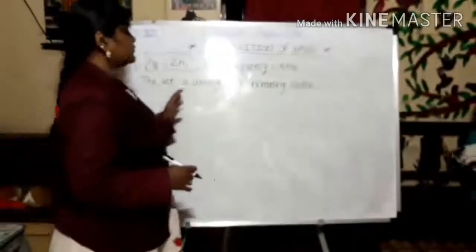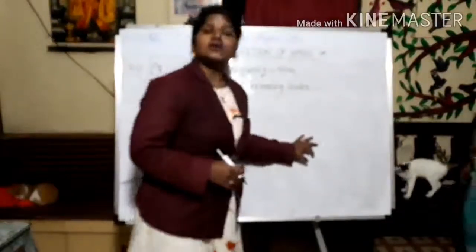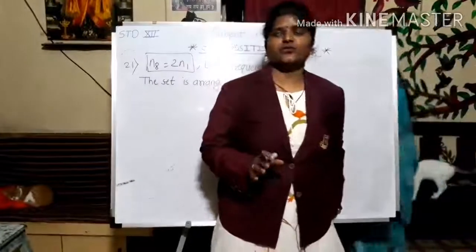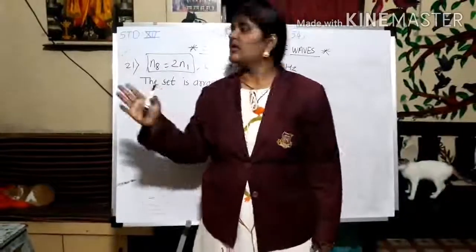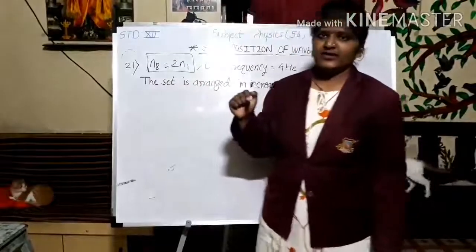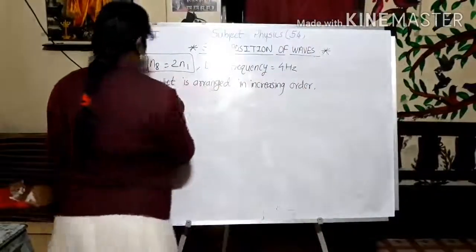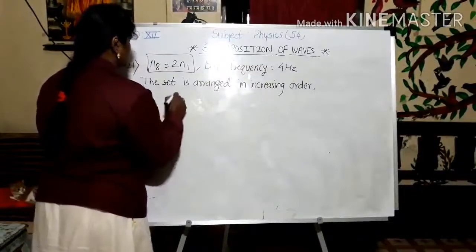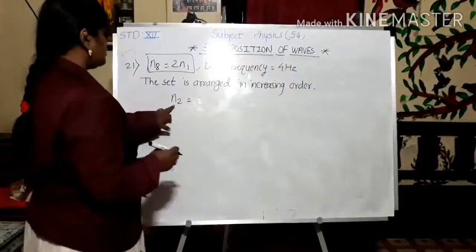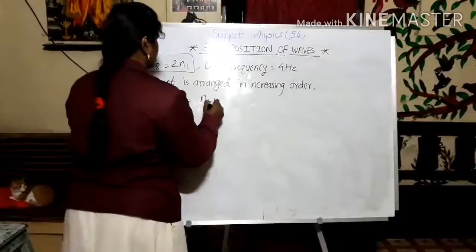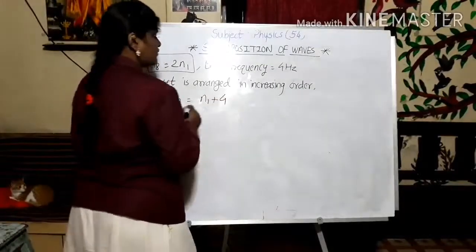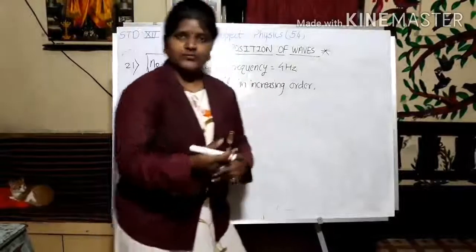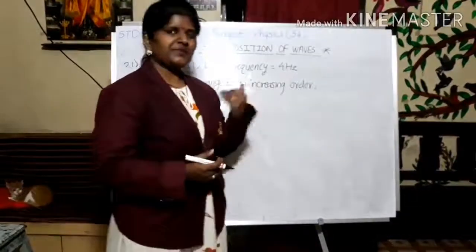First, we have to write down all the frequencies of the tuning forks, N1, N2, N3 up to N8. Let's write N2 first. N2 will be nothing but N1 plus 4, as the beat frequency is 4, it is 4 more than the previous one.